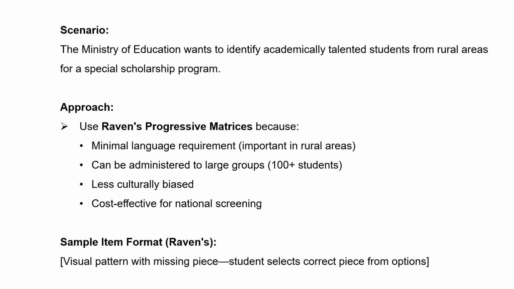Let's think about a scenario. The Ministry of Education wants to identify academically talented students from rural areas for a special scholarship program. The approach is to use Raven's Progressive Matrices.